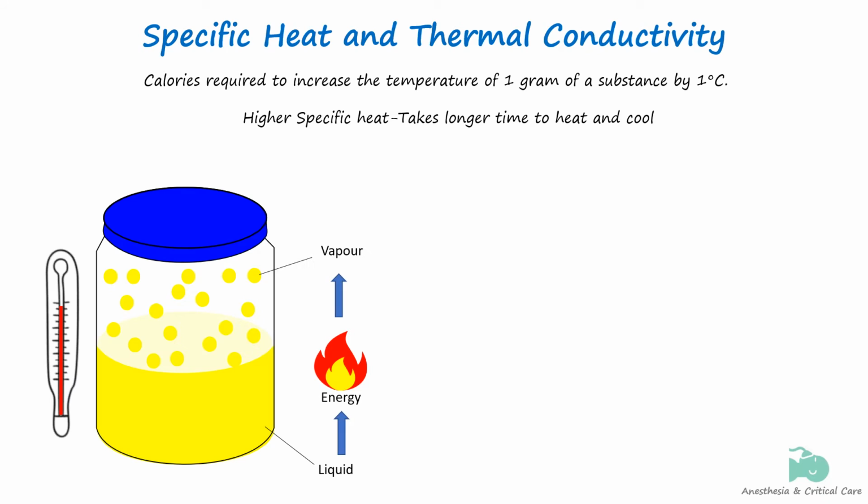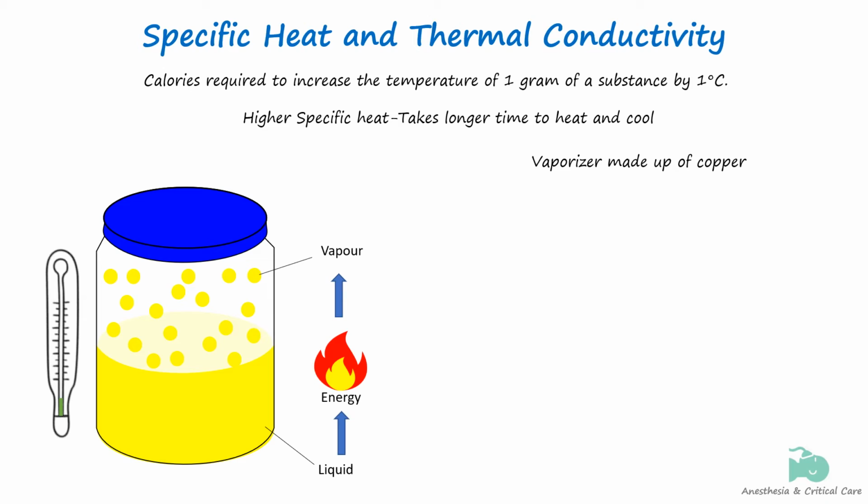When liquid anesthetic evaporates, the latent heat of vaporization causes the remaining liquid's temperature to drop. To counter this, heat must be continuously supplied to keep the temperature stable and ensure consistent vaporization. Materials with a high specific heat, such as copper, require more heat to change their temperature, just like water.